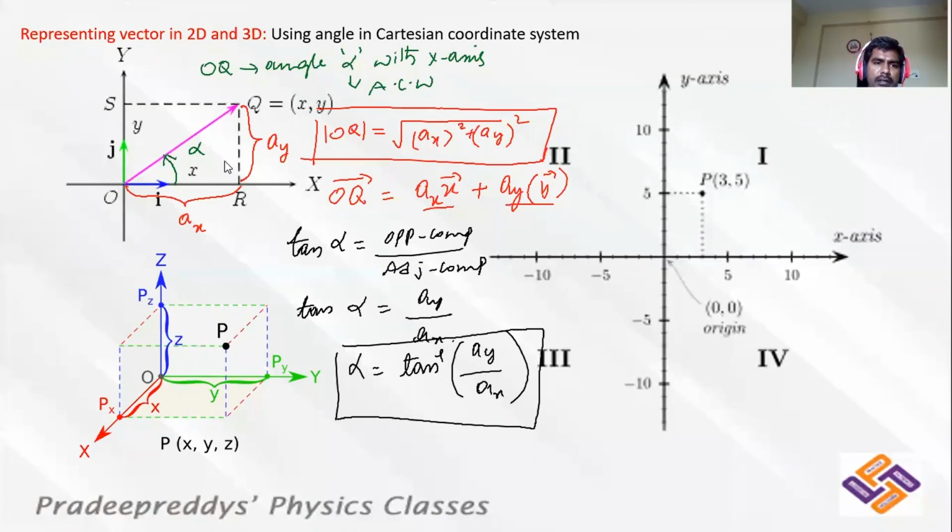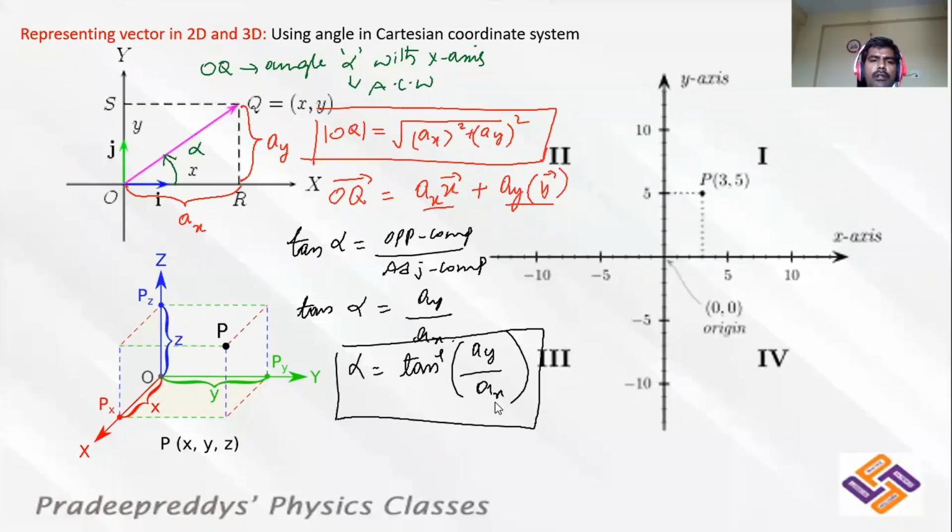From those projections, you can represent the vector's magnitude, like OQ is equal to under root ax square plus ay square. And OQ bar can be represented with the x component along the x direction and the y component along the y direction. The angle of that vector can be represented using a trigonometric ratio, opposite component by adjacent component, that is alpha is equal to tan inverse of ay divided by ax.